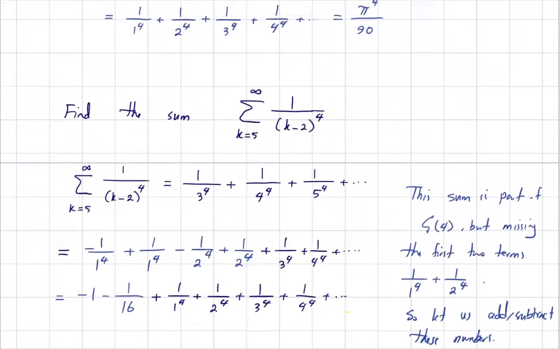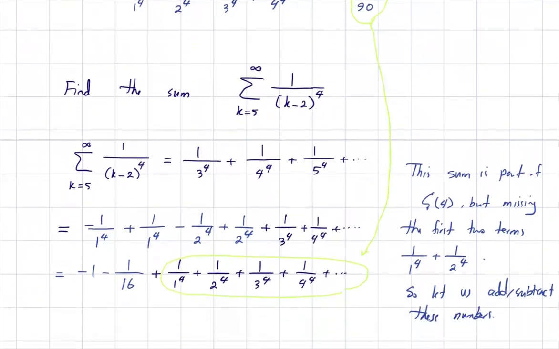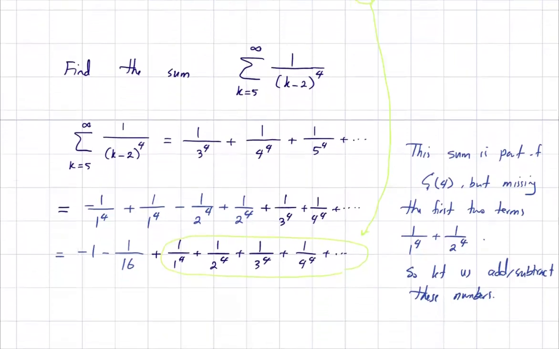But this sum is nothing but pi to the 4 over 90. So let us copy this down here. The summation is negative 17 over 16 plus pi to the 4 over 90.